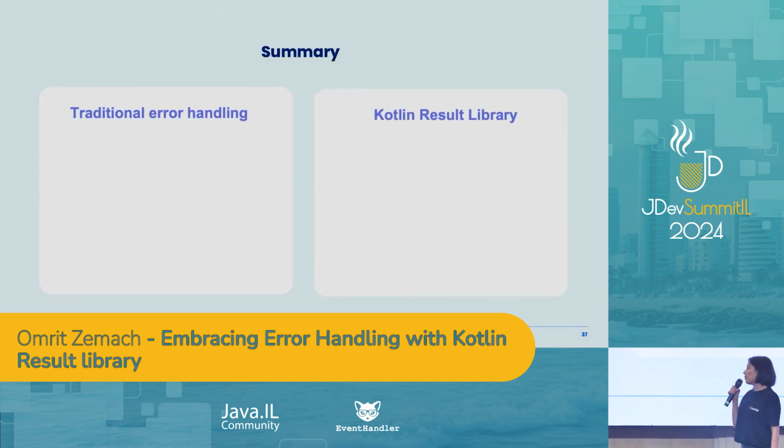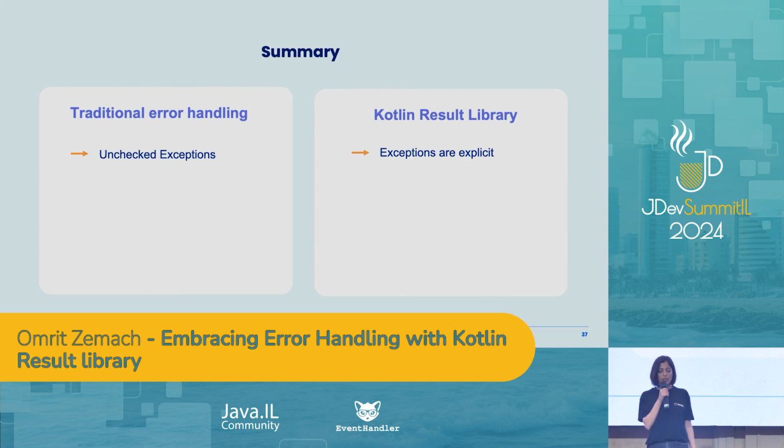So if I need to summarize what Kotlin Result gives us in comparison to traditional error handling, first, as we saw, in traditional error handling, exceptions are unchecked, and a developer may not be aware of the potential exception that can happen at runtime. In the Kotlin Result library, exceptions are explicit in the result type.